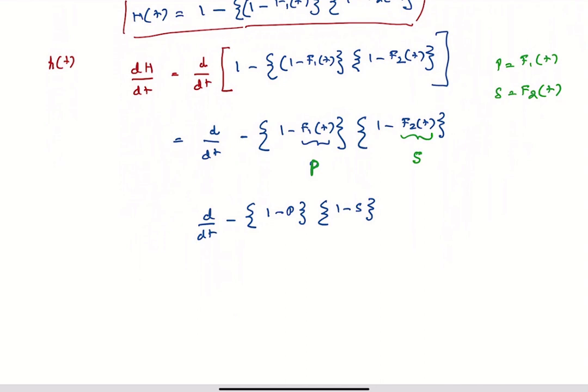When we are differentiating it, the product rule will apply, so this will be minus d over dt of 1 minus p multiplied by 1 minus s, plus d over dt of 1 minus s multiplied by 1 minus p.